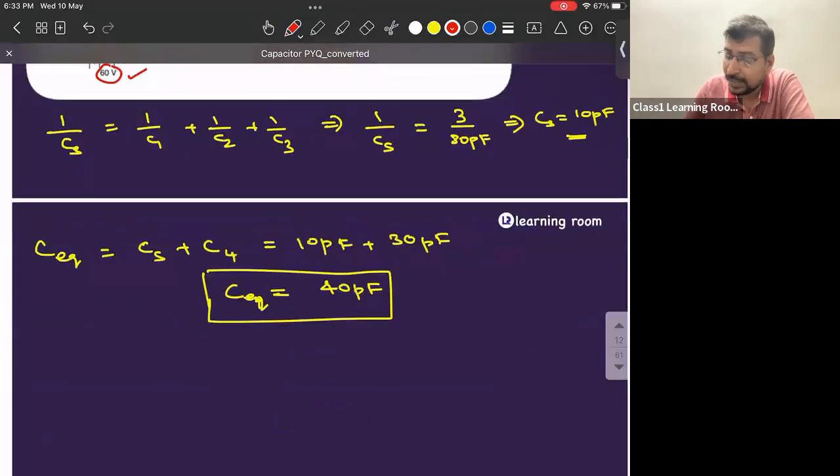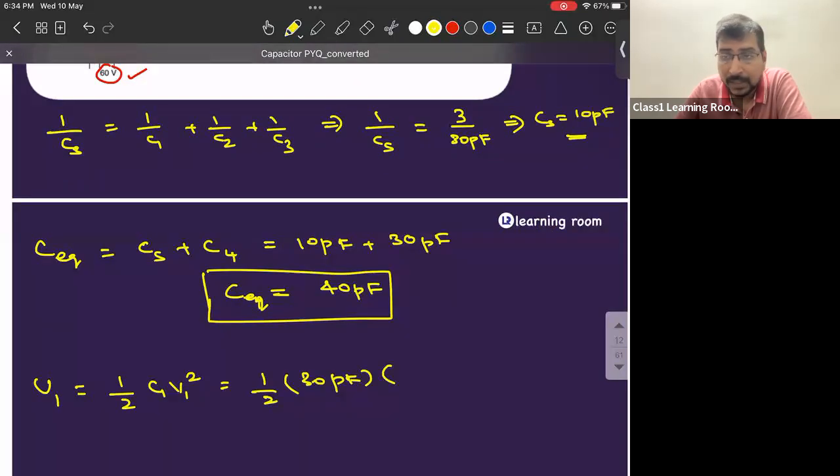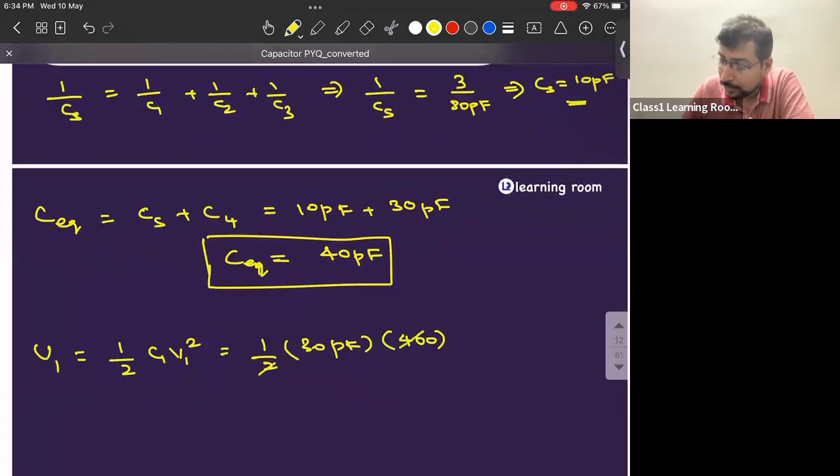So if you calculate the energy across the first capacitor, it is half C1 V1 square, half into C1 is 30 picofarad, into V1 square, which is 20 square, which is 400. So this will cancel this 200 times. So 200 into 30 is 6,000.